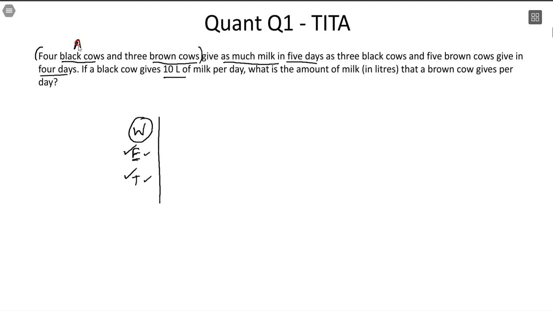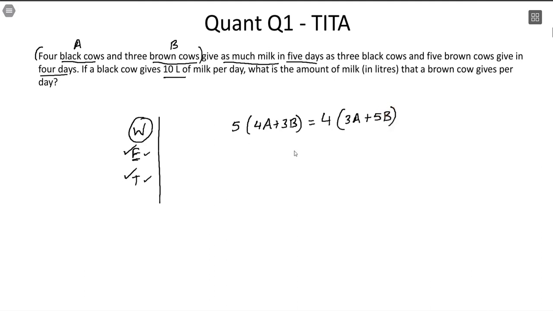So if I take black cows as A and brown cows as B, 5 days into 4A plus 3B is equal to 4 days work of 3A plus 5B.